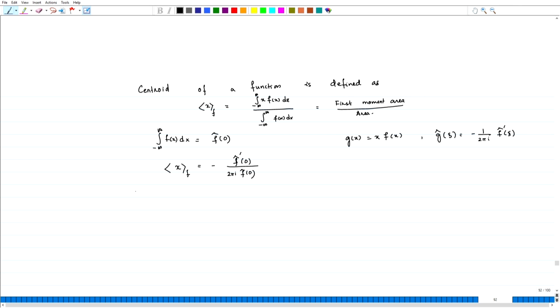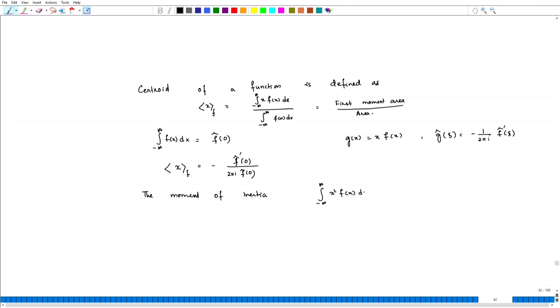Now, the moment of inertia or the second moment is defined as integral minus infinity to infinity x square f of x.